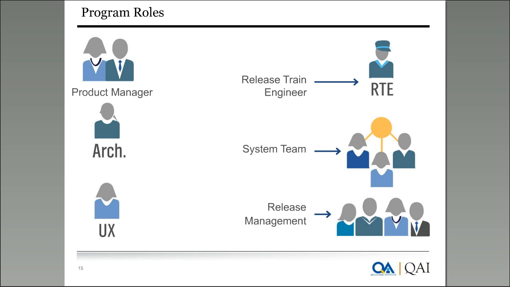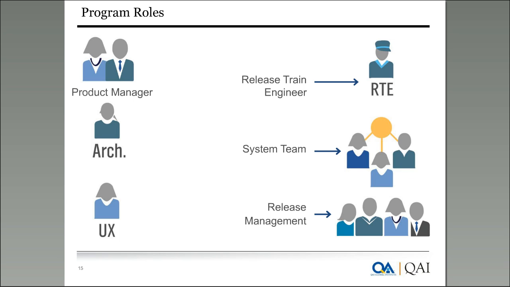As we work on big programs, there needs to be some coordination in terms of architecture and design: how to come up with the framework for implementing or coding those requirements. So there is a role called system architect, which we call the design authority, at the program level. Similarly, there is a user experience role at the program level.